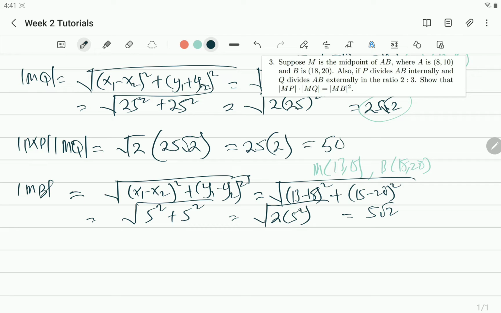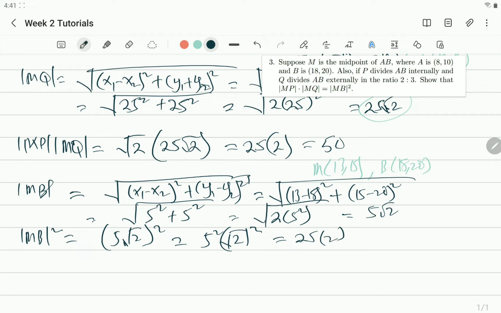From here I now have to find MB squared, that is the square of the answer I just had, which is 5 root 2 squared. By application of indices it is just 5 squared times root 2 squared, and that is 25 times 2, which is also 50.